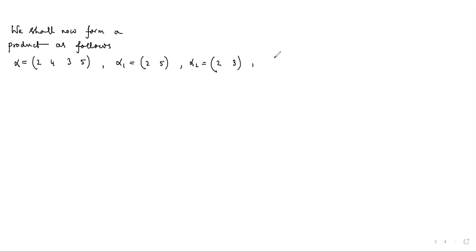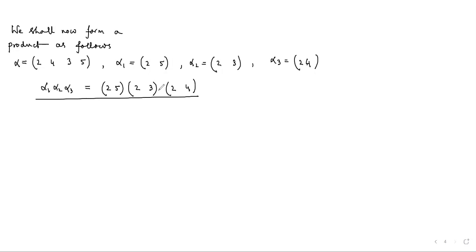My alpha 3 was (2 4). Now we are going to consider the following product. Alpha 1, alpha 2, alpha 3 is equal to (2 5)(2 3)(2 4). This product has been formed.